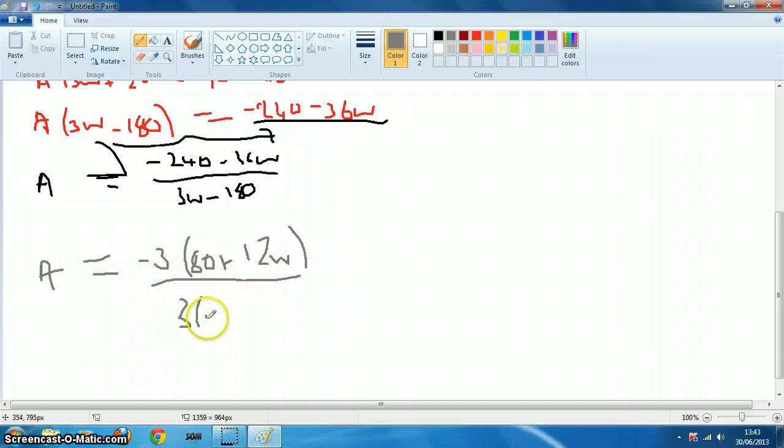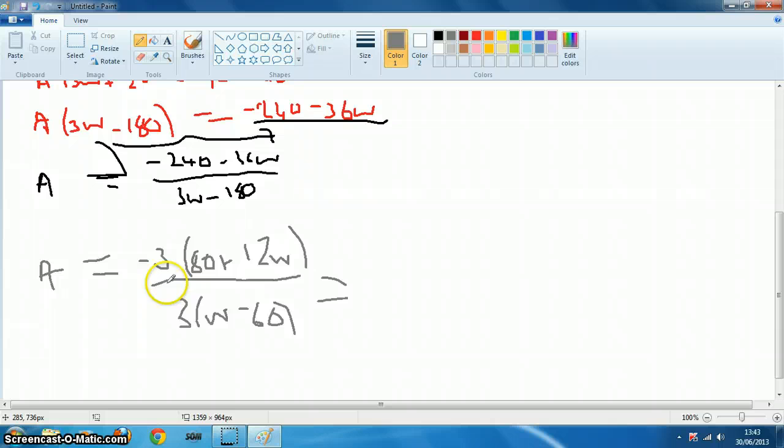Minus 3 times 80 is minus 240, minus 3 times 12W is minus 36W. 3 times W is 3W, 3 times minus 60 is minus 180. So all this has got to do is factorizing. We just factorize these two, and then we need to simplify it.